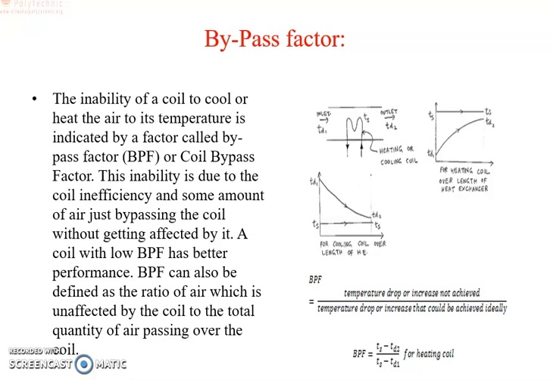So here you observe this diagram. This is the inlet temperature TD1, and this is the surface temperature of the heating or cooling coil. And here is the outlet temperature TD2. Here is the air which is not affected by the heating or cooling coil.